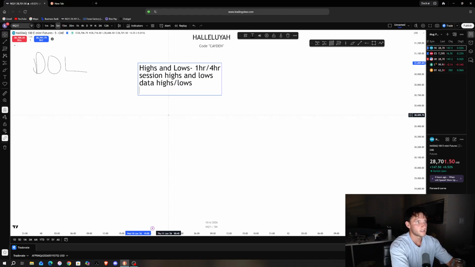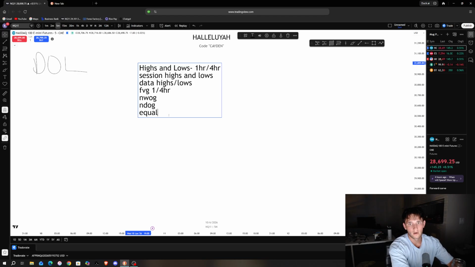It's going to be like this every time, whether you're targeting the upside or downside. Then major imbalances, like 1 hour and 4 hour fair value gaps, new week opening gap, new day opening gap, and so on and so forth.